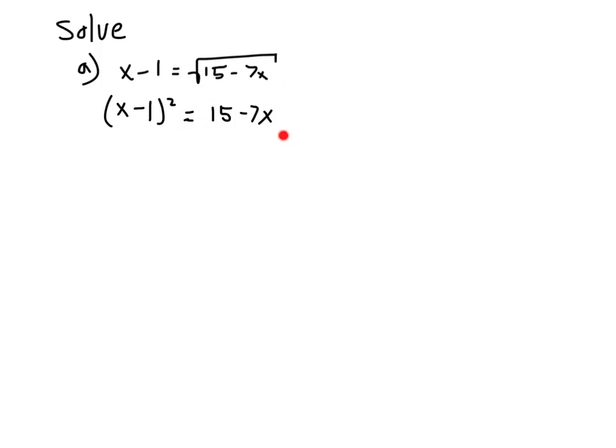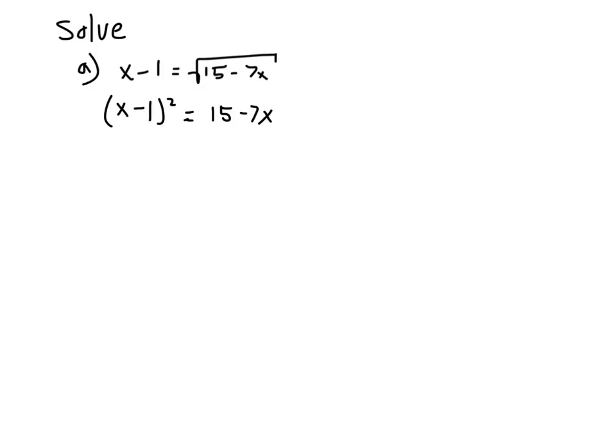This need not be positive. And this is one of the key reasons why it is so important to check your answer for these sort of questions, because we could possibly get an x value that works for this second equation here that does not work for this equation up here, and the reason would be due to the sign. Okay, so let's go ahead and continue solving this.